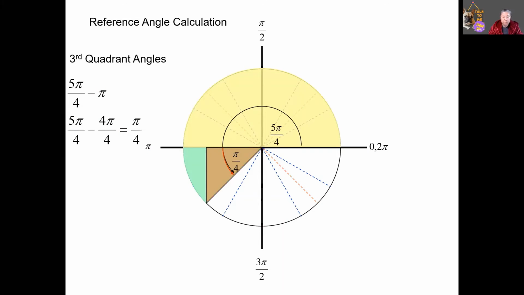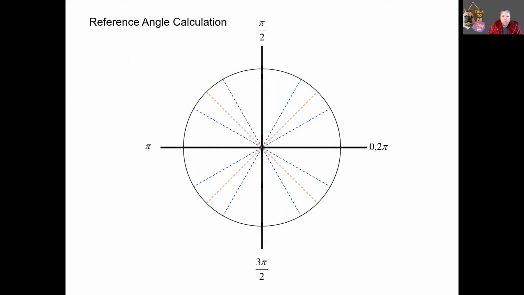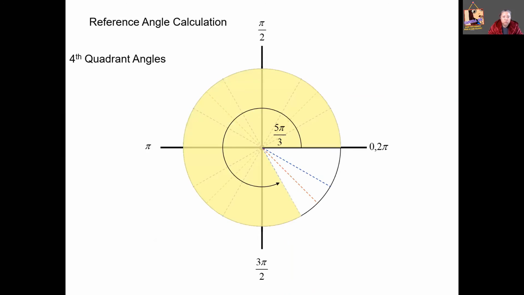Now what's happening? In order to have my terminal side placed in quadrant 4, I will use the original angle 5 pi over 3. How do I notice 5 pi over 3? Look, we are dividing pi into 1, 2, 3 even pieces.